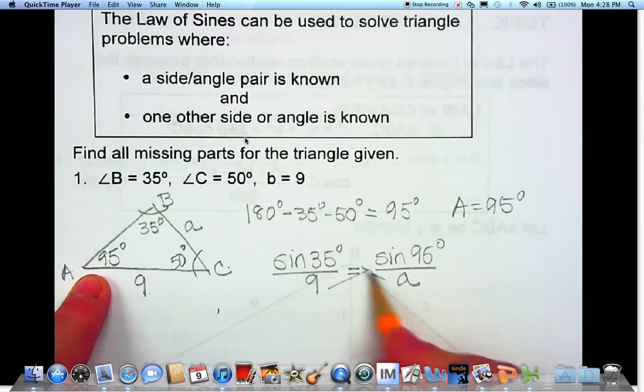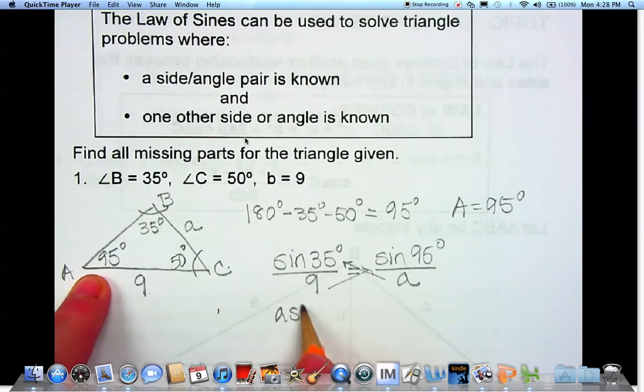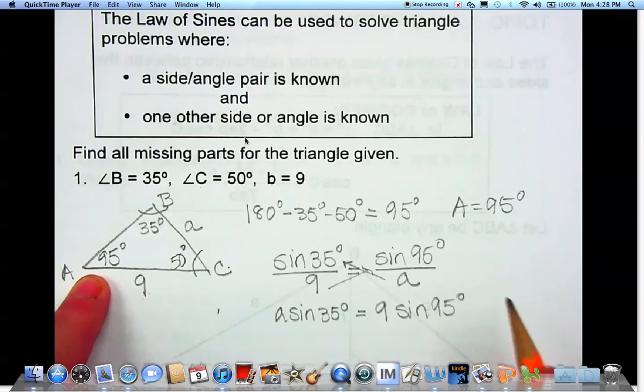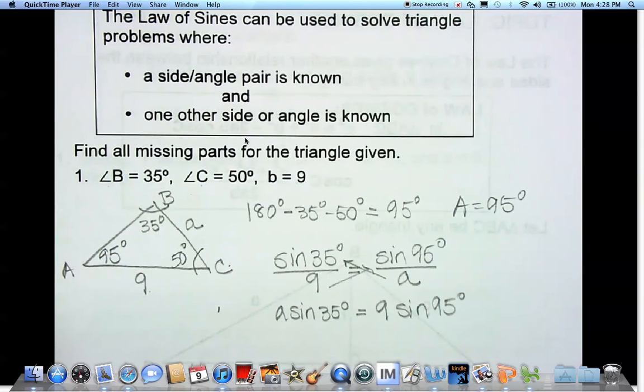So a sine of 35 degrees equals 9 sine of 95 degrees. Then solve for a. We want a by itself, so we'll divide by the sine of 35 degrees, and those will cancel. And divide the other side by the sine of 35 degrees.